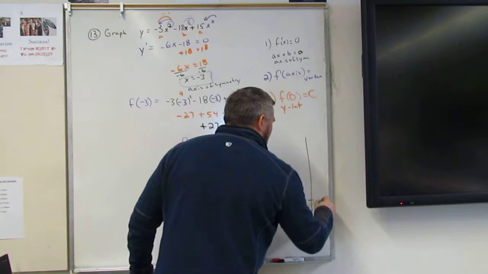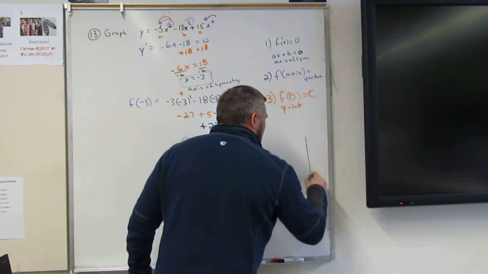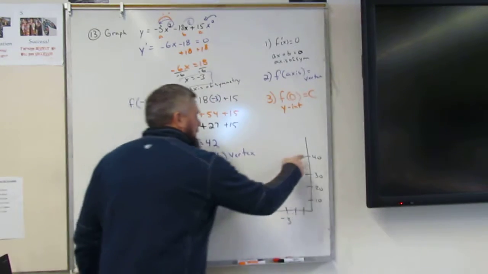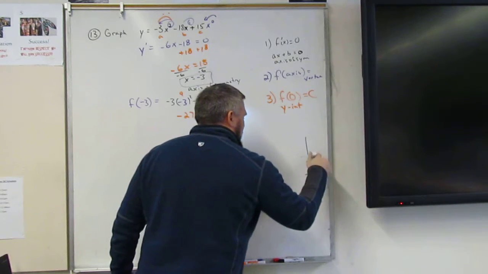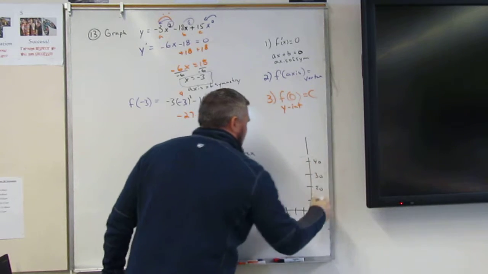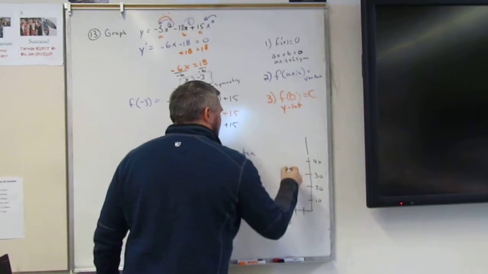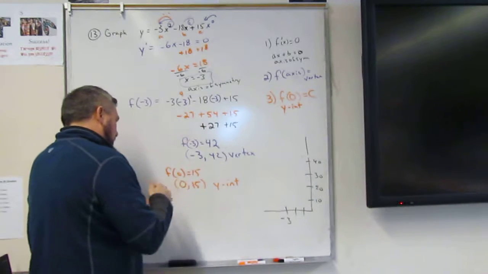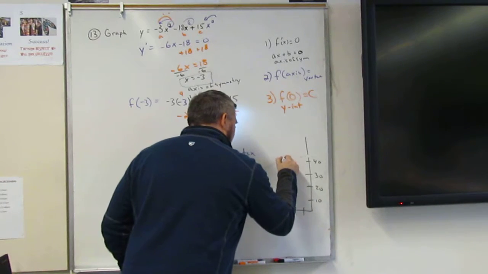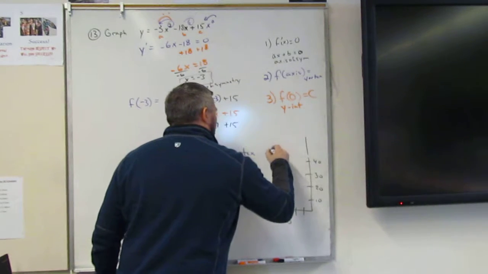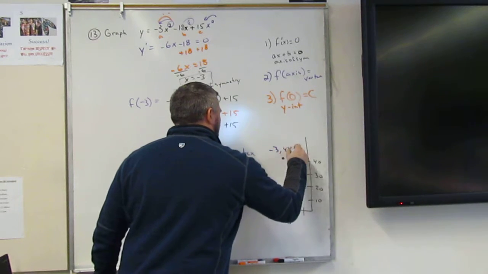So we'll go 10, 20, 30, and 40. More accurately, a little bit above 40, and on negative 3. And that's my vertex, negative 3, 42.